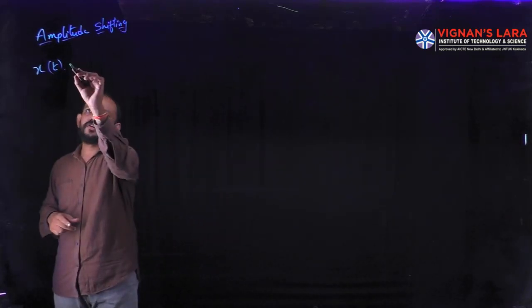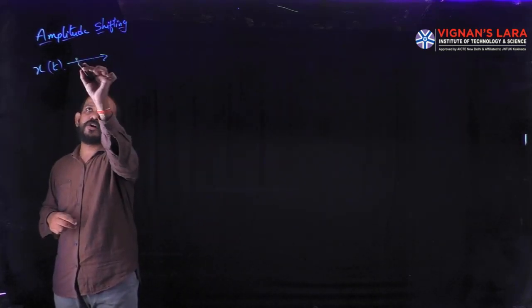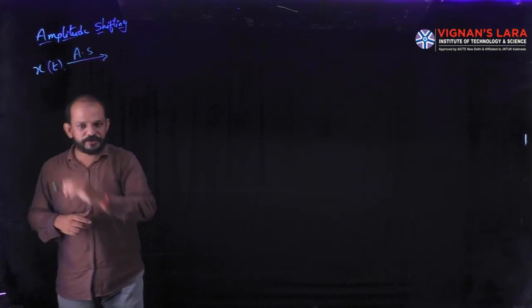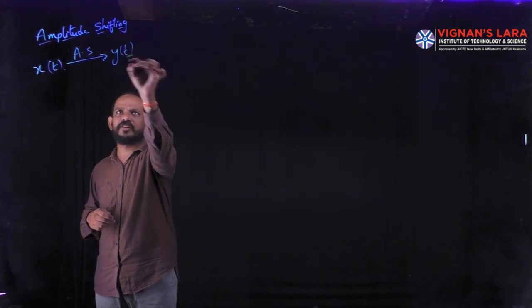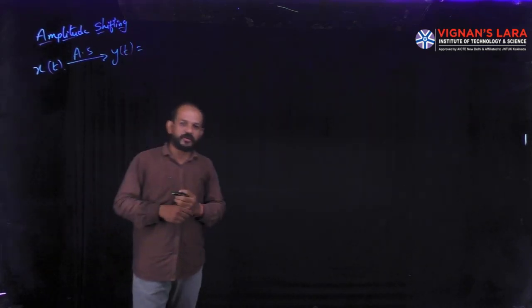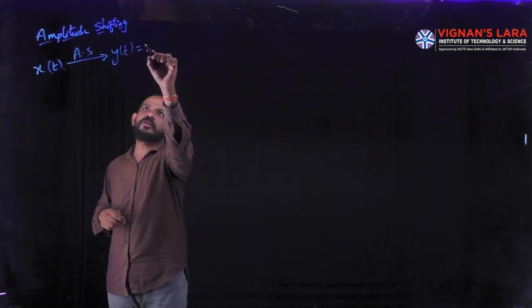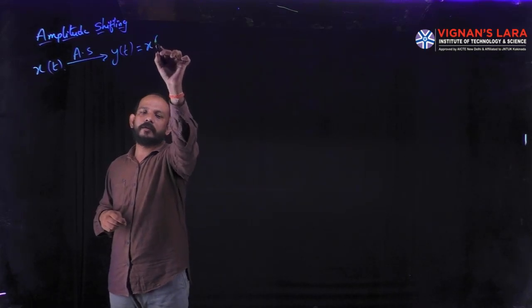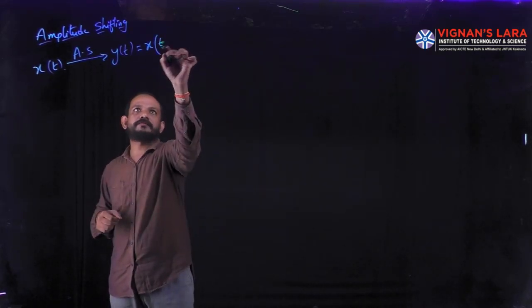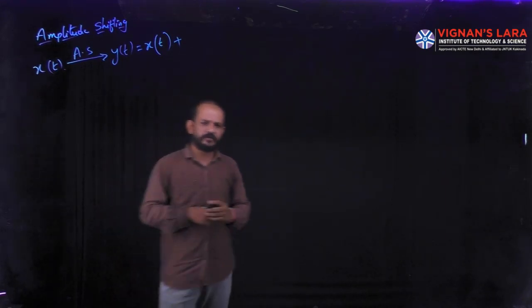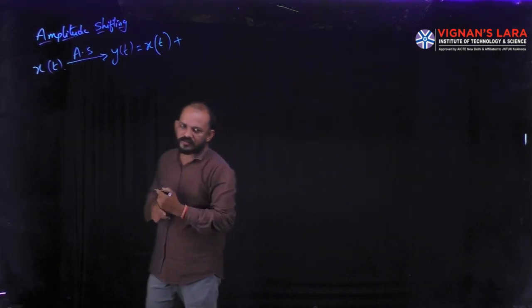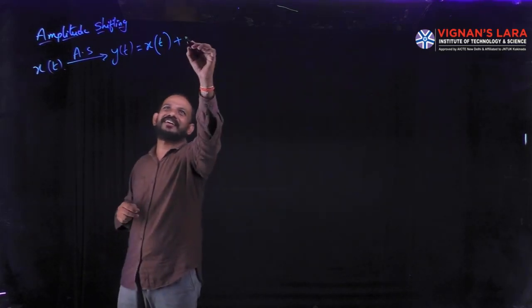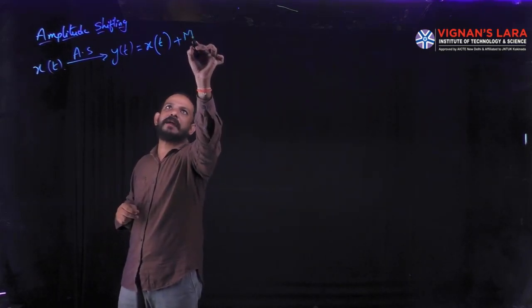That is, on x of t, if I perform amplitude shifting, it will produce a result y of t which is equal to x of t plus some constant. I'm taking capital M.